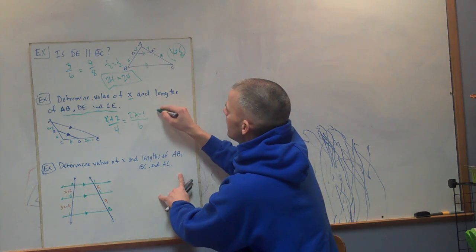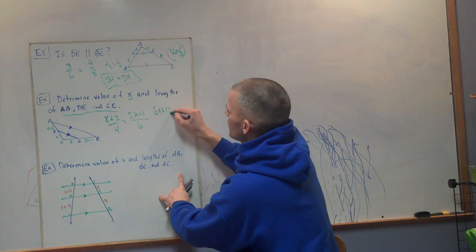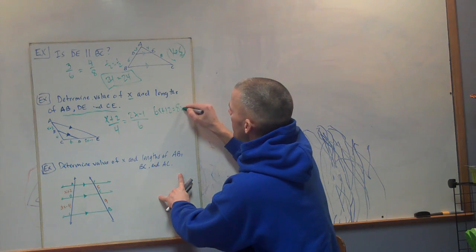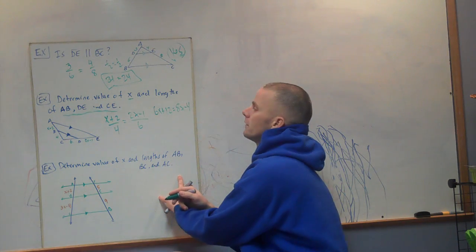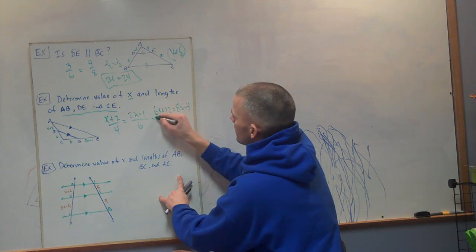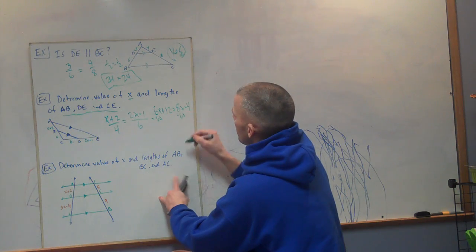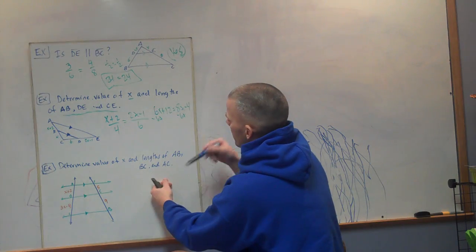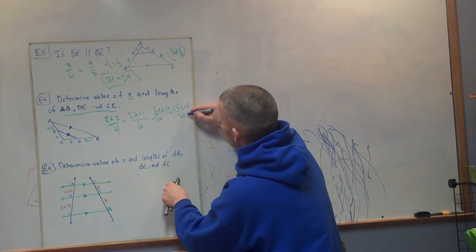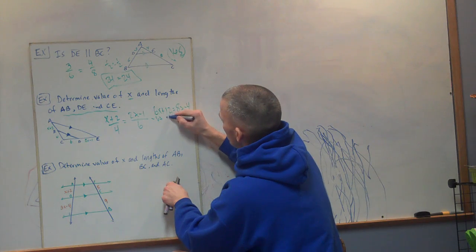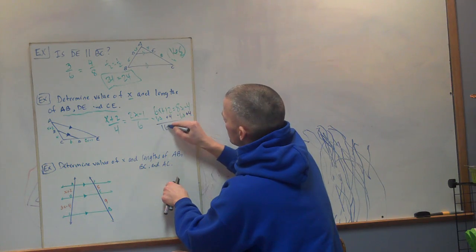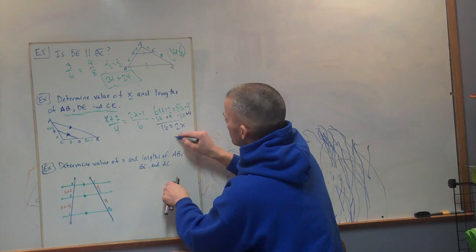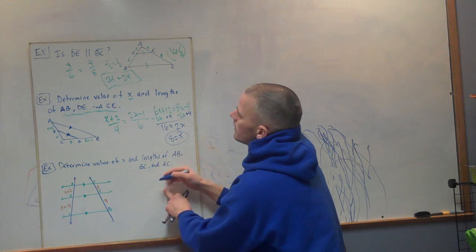So here I'm going to get 6x plus 12 equals 8x minus 4. Get my x's to one side, I'm going to subtract 6x. I'm also going to add 4 here and here. So 16 equals 2x, which means that x equals 8.